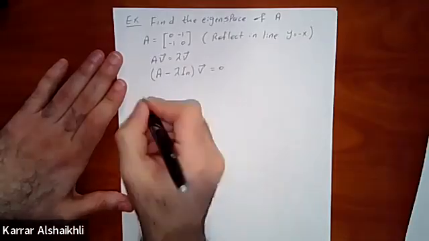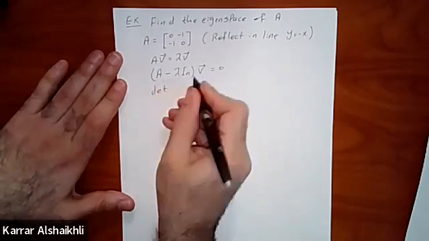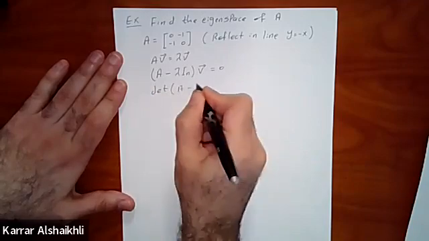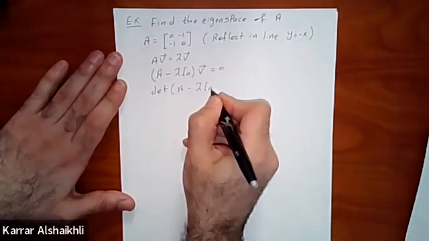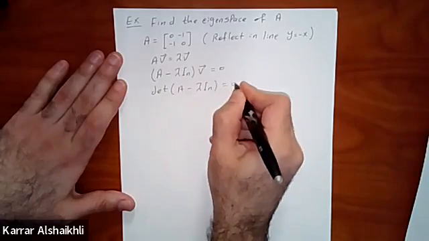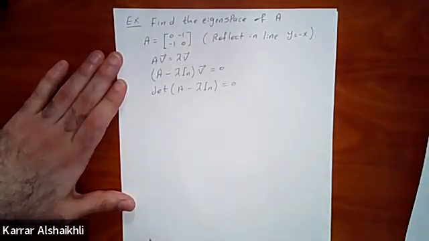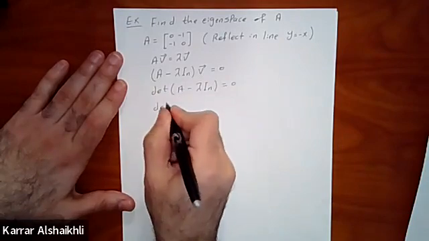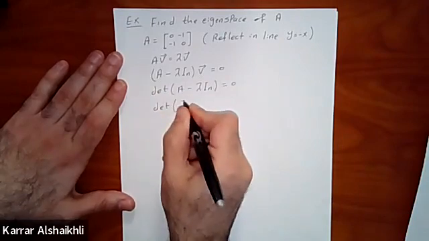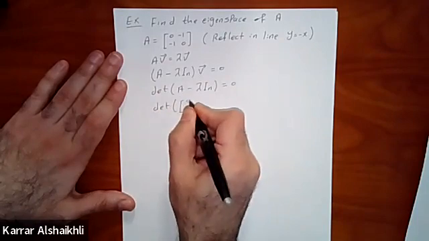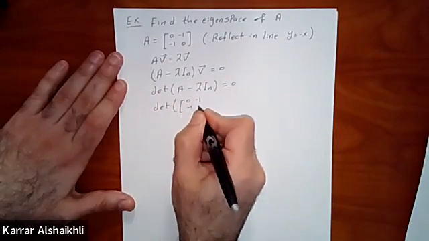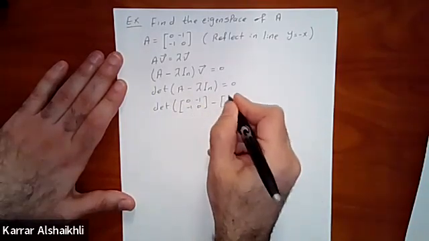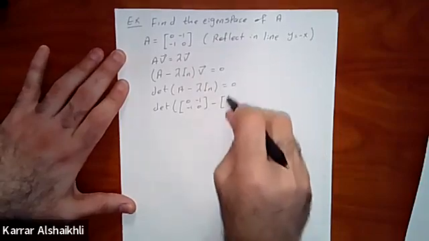That means the determinant only for this part to find the eigenvalue, which is A minus lambda I equals 0. So the determinant of A, which is 0, negative 1, negative 1, 0, minus lambda, I'm just going to distribute the lambda right away.